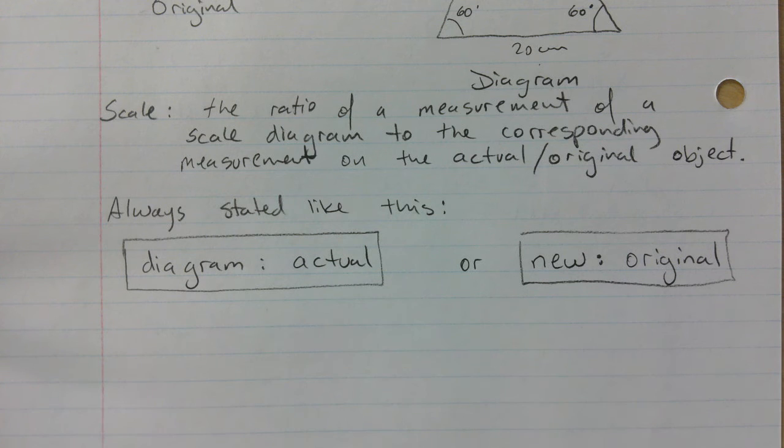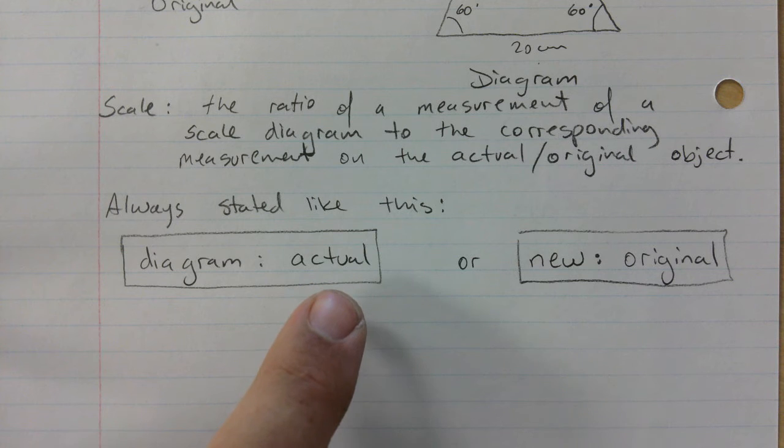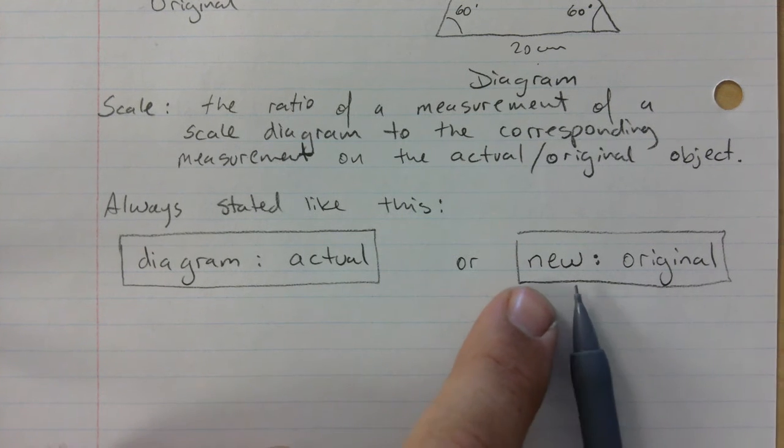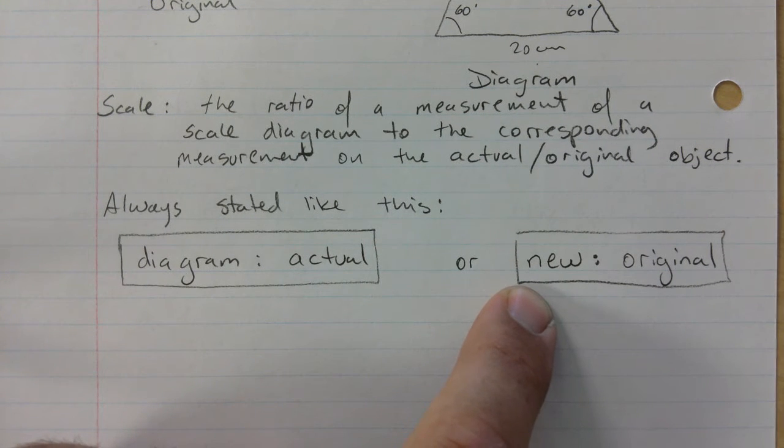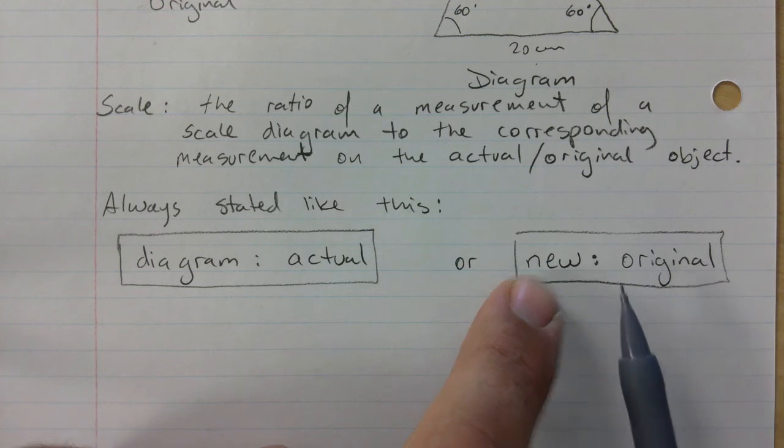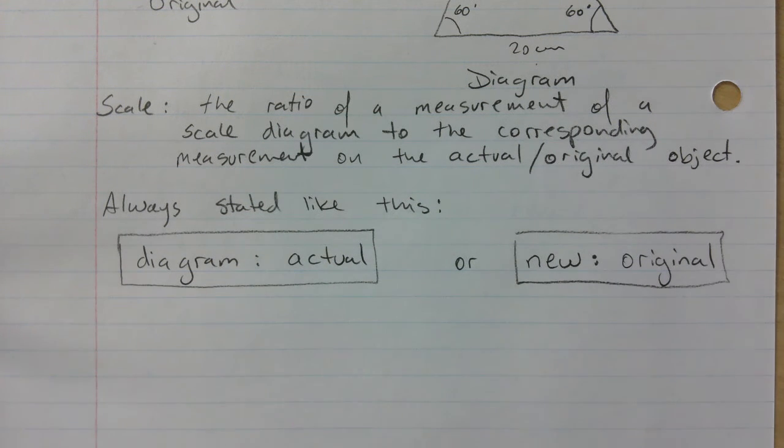I would have both of them on my study sheet, but sometimes when you're looking at the picture of something, you obviously know that the picture is the diagram and the actual scenery would be the actual thing, right? But sometimes you're just making a copy of a shape. So let's say you're making a copy of a triangle, then it's best to use new and original, because you have the one you started off with and the new one you made. So that's why I do both.